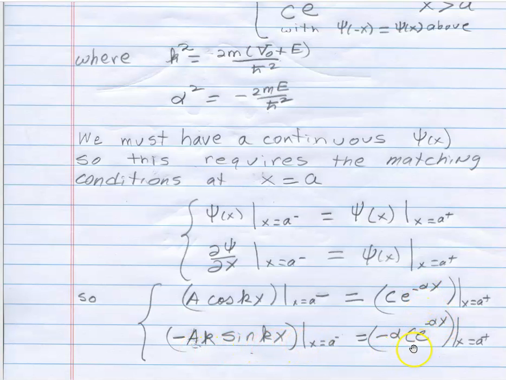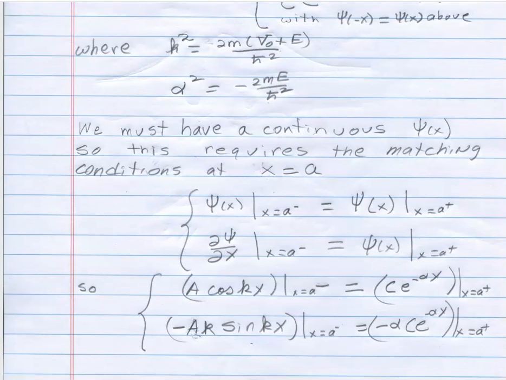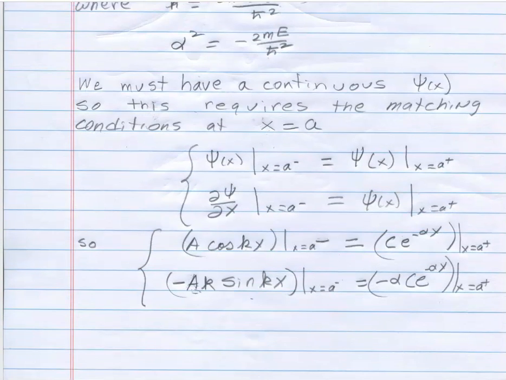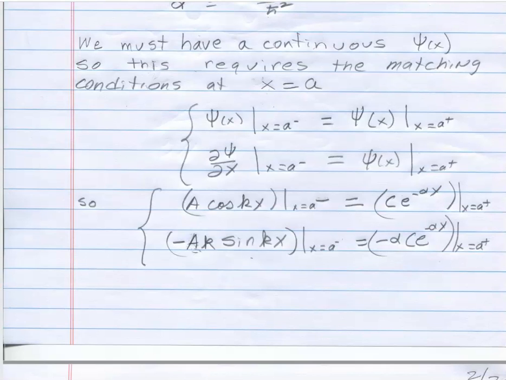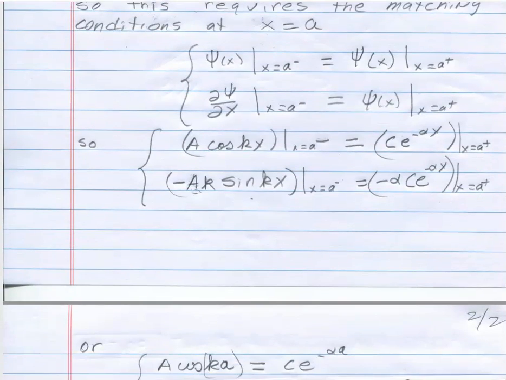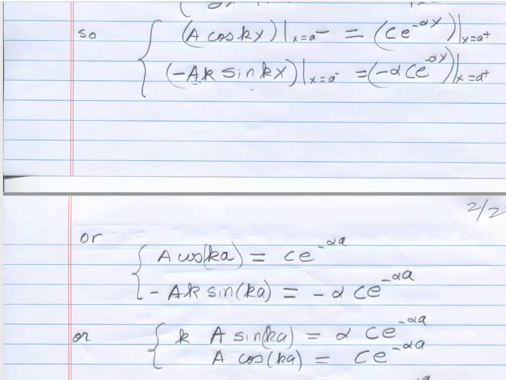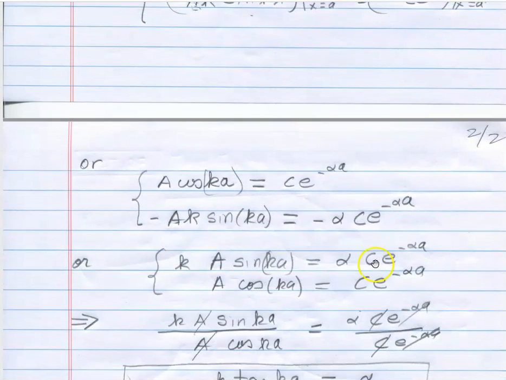The derivative up here is minus a c alpha e to the minus alpha x. They likewise have to be continuous, so as I evaluate them on the left and right, those have to be the same. Putting in x equal to a on both sides, we arrive at this form up here.